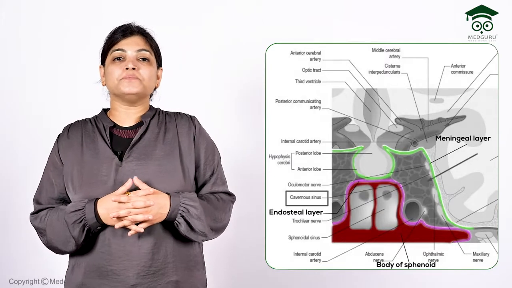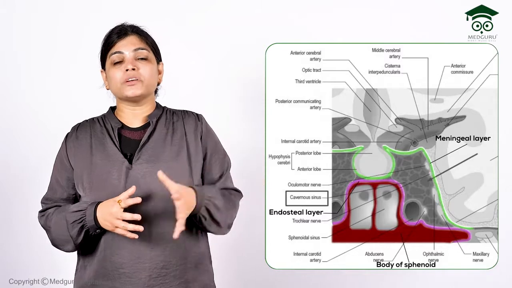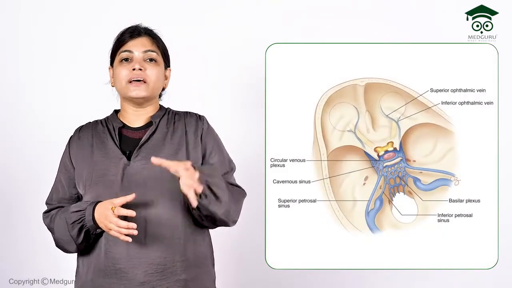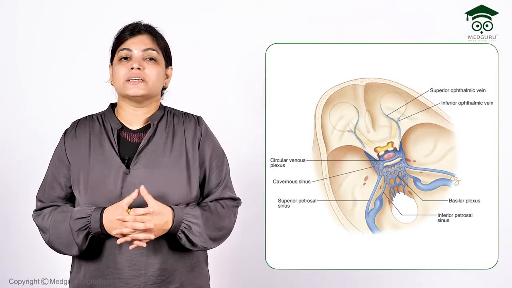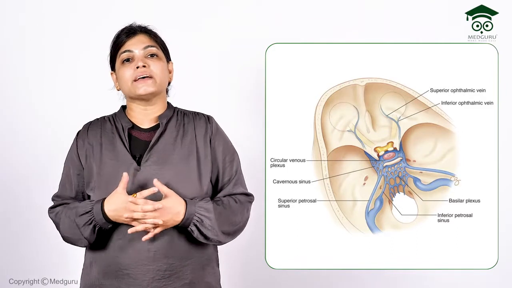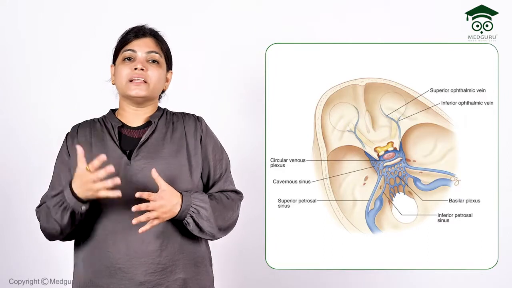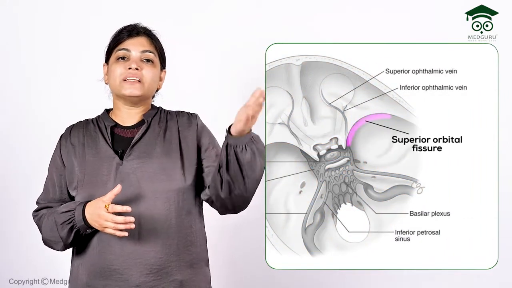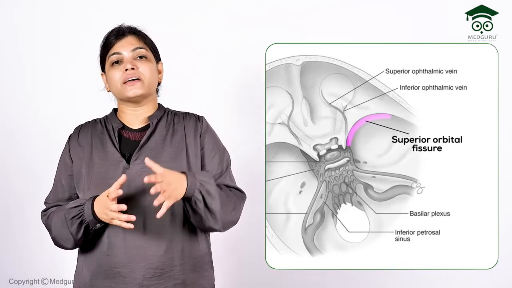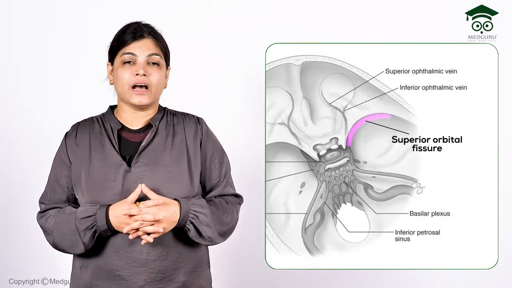Now, how are you going to approach the answer? After the introduction part, you have to write the extent. Write on the heading extent and then write extent of cavernous sinus. So this cavernous sinus is extending on the anterior aspect, when you see the anterior extent, it is anteriorly extending to the superomedial aspect of superior orbital fissure, or you can say it is at the junction of the superior orbital fissure and that of optic canal.